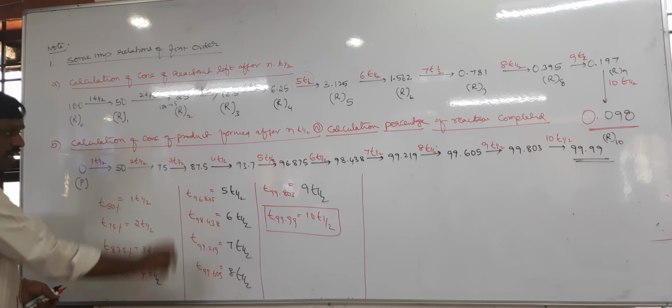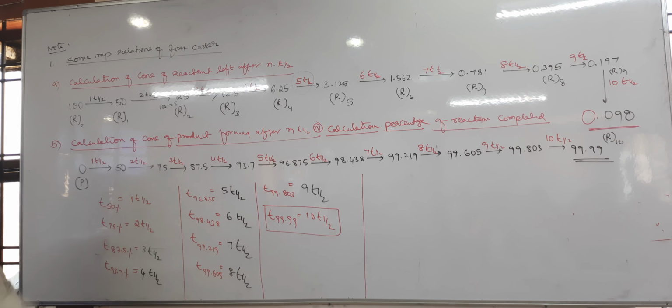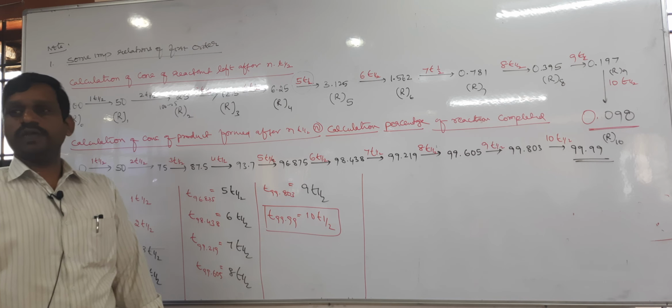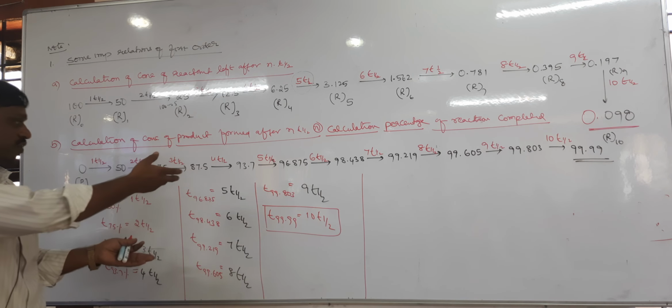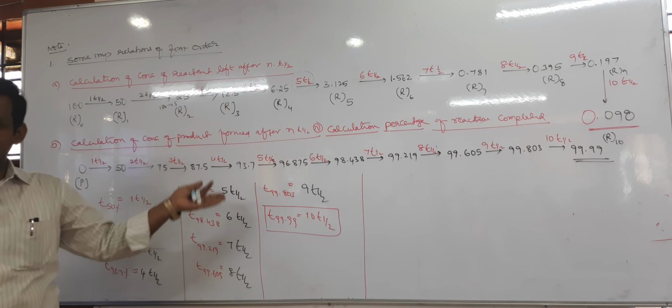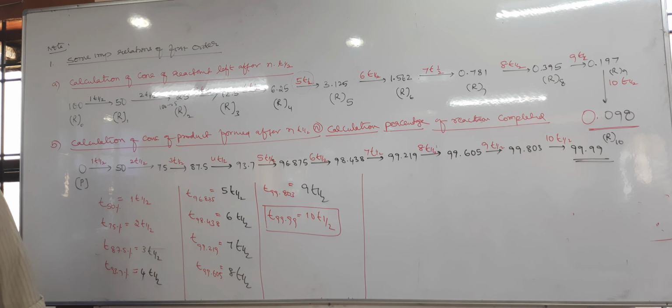So 3 t half requires 20 minutes, therefore t half is 20 by 3. That is total time divided by number of t half. Like that, questions can be expected.